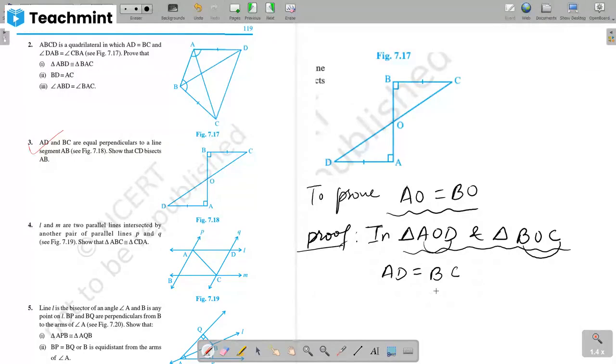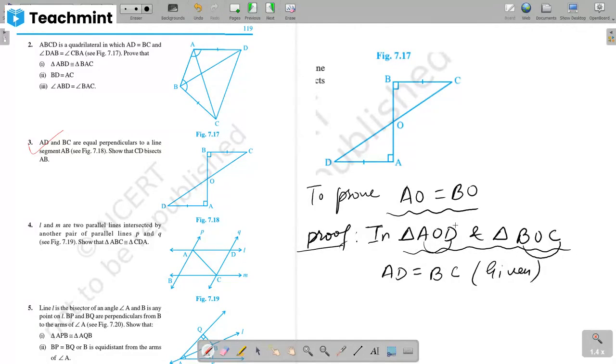If you are able to consider the correct triangle, you can prove any theorem, any equation you can easily solve. See, the order is correct, AD and BC. From here only we can write which pairs of corresponding angles or sides are equal. So this is given.